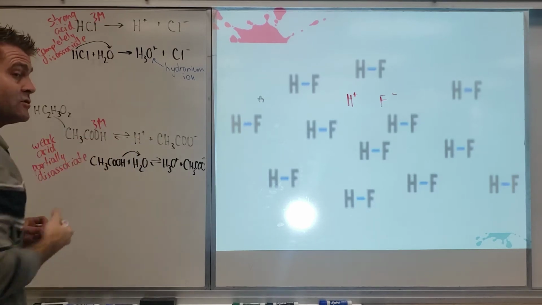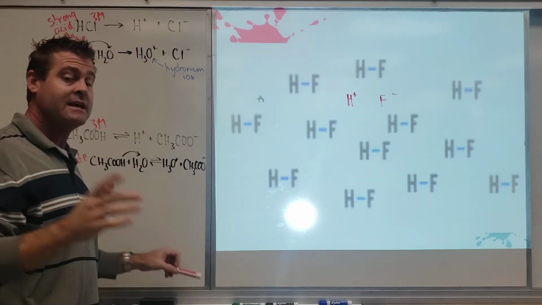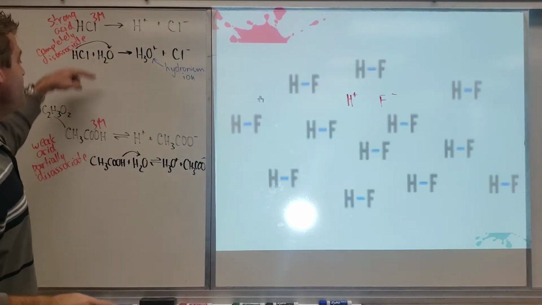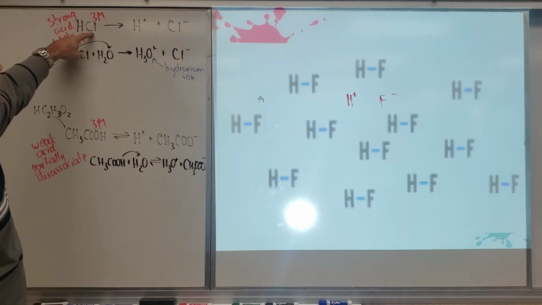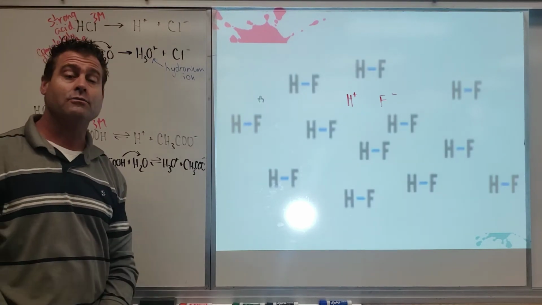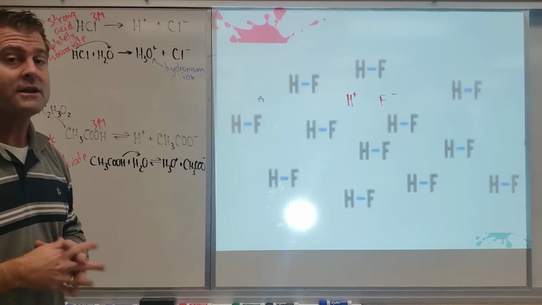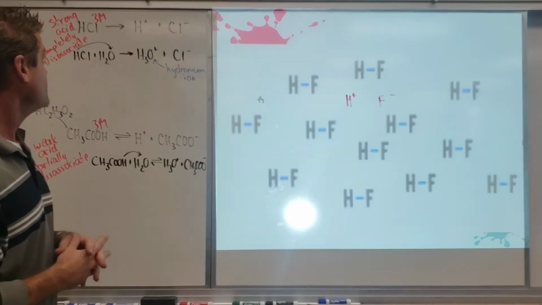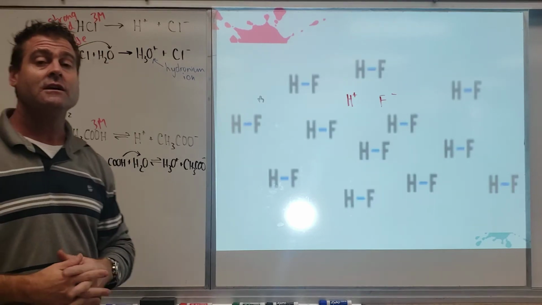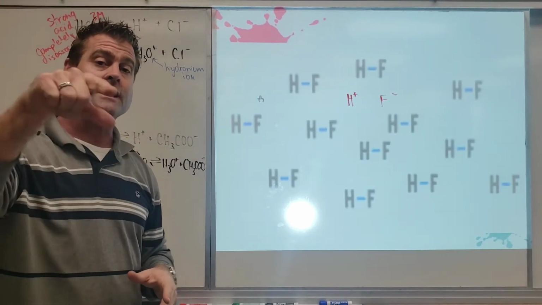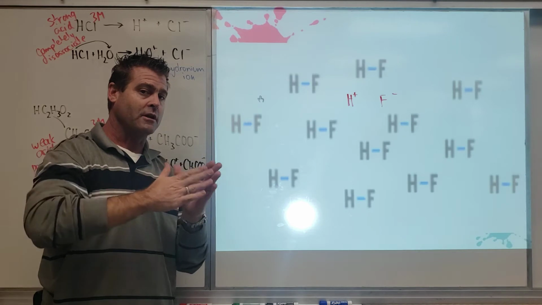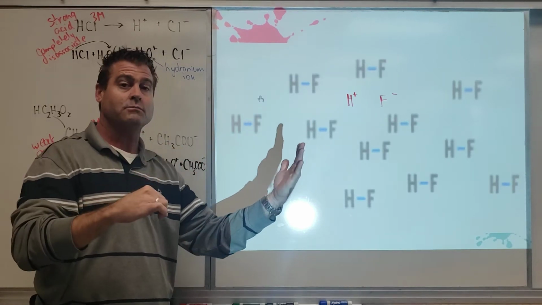Notice it's the same concentration. Remember that also impacts the pH. Would we expect the pH of 3 molar hydrochloric acid to be the same as the pH of a 3 molar acetic acid solution? The answer is no. In fact, if you were to measure the pH, you would find that the pH of this solution is much lower. Remember, on a scale of 1 to 14, the lower the pH, the more acidic.